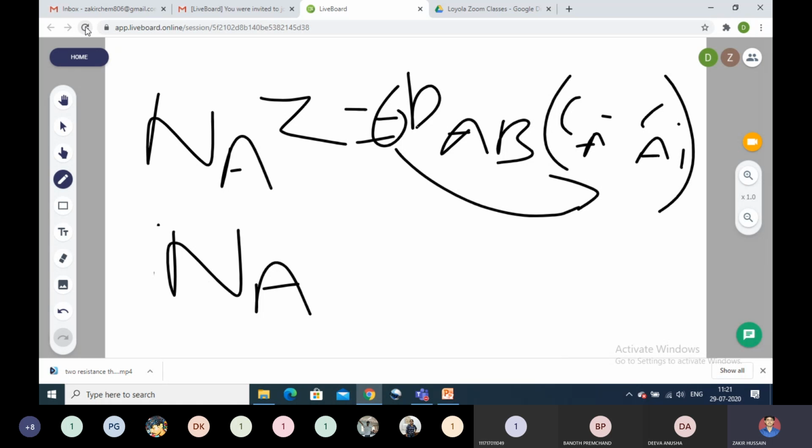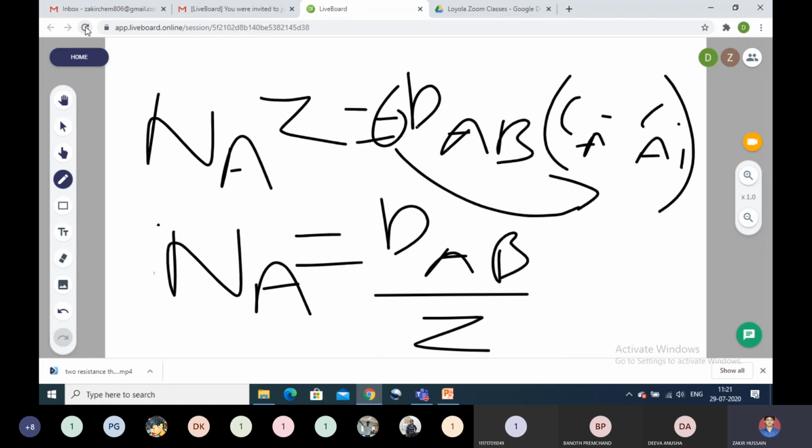We can write NA is equal to DAB by Z, and in place of the minus we change the concentration variable to CAI minus CA.